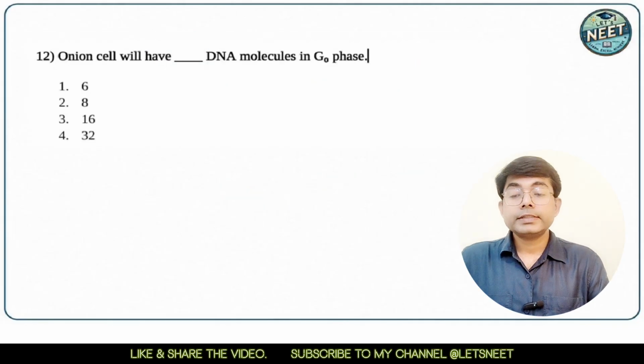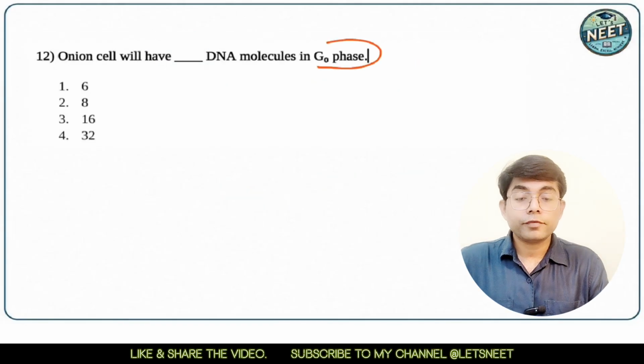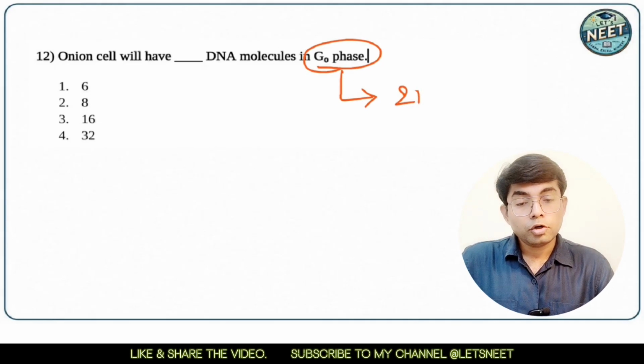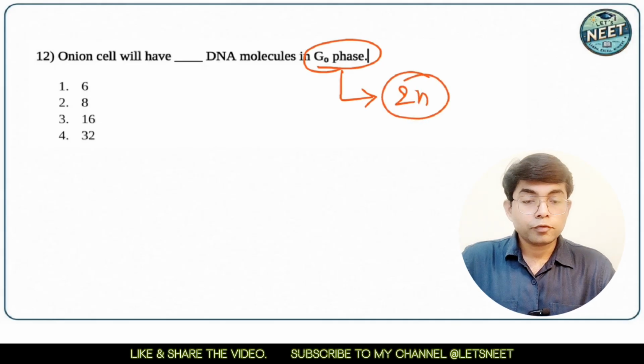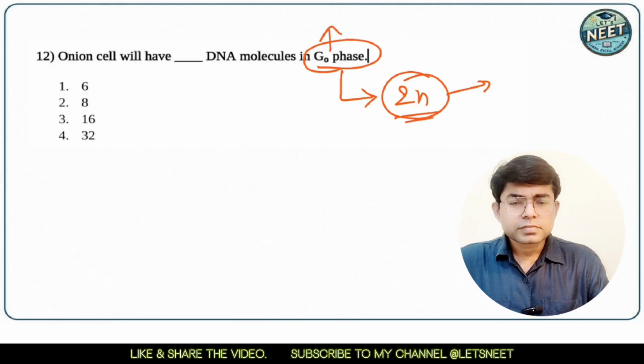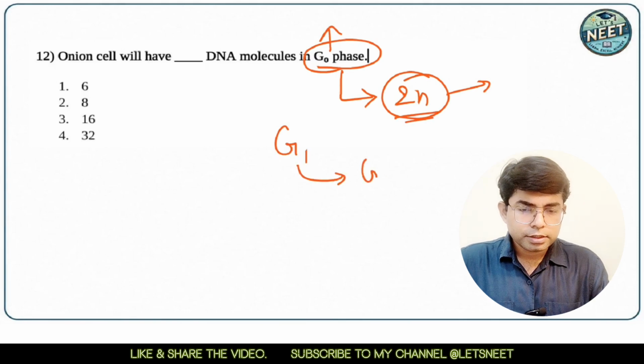Next one, onion cell have dash DNA molecule in G0 phase. Remember, in G0 phase, the number of chromosome remain 2n, right? So if number of chromosome is known, then the number of DNA molecule is double of that. Now, G0 is just after G1 phase, means there is no S phase. Right?